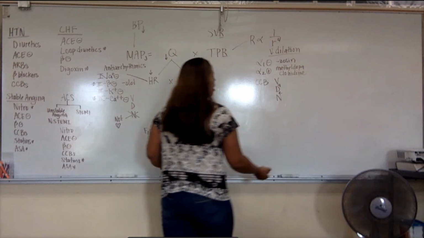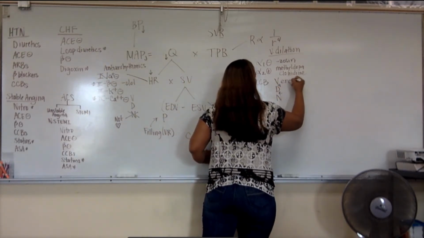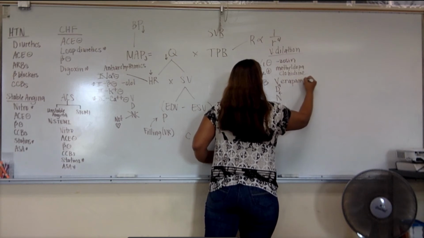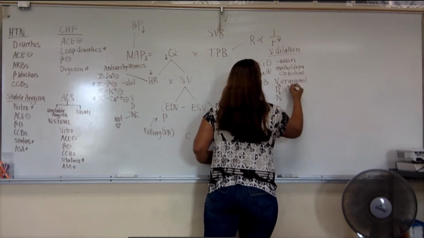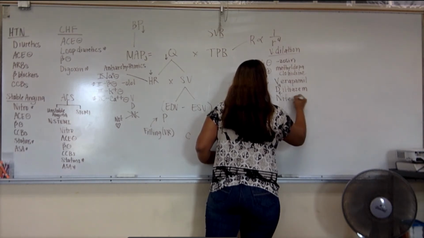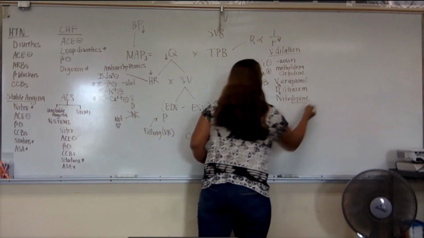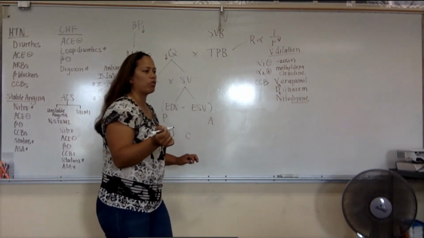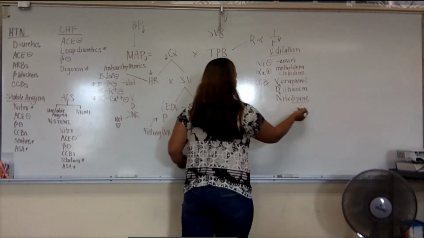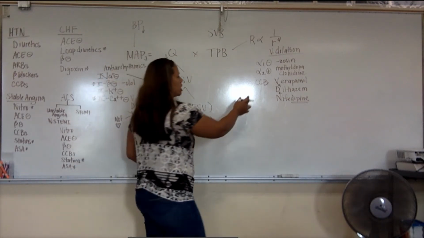So Vaden, verapamil, diltiazem, and nifedipine are all calcium channel blockers. The suffix nifed or dipine tells me that it's a calcium channel blocker for blood vessels. So if I replaced it with something similar like amlodipine, then I know that it was a calcium channel blocker.